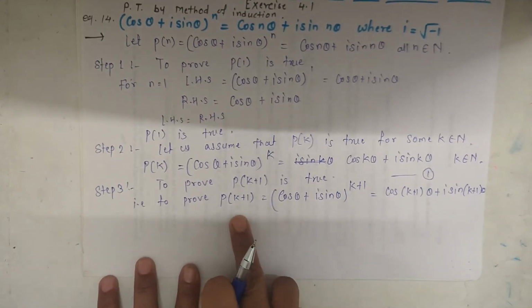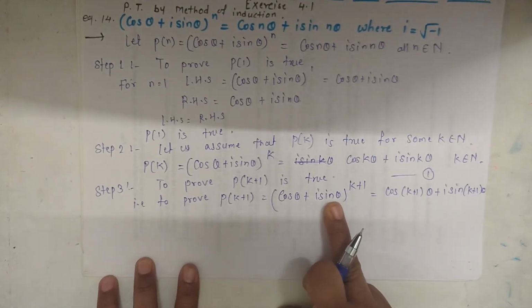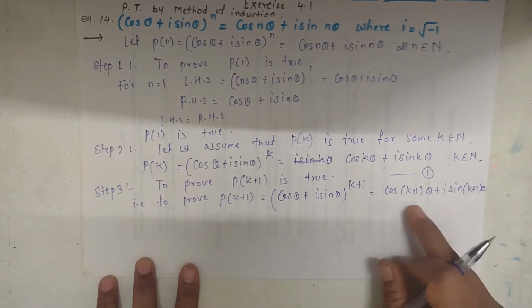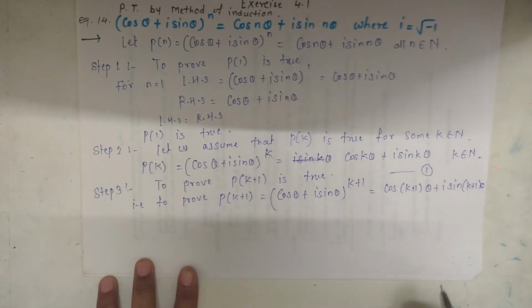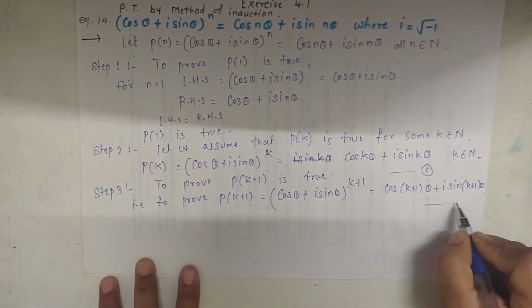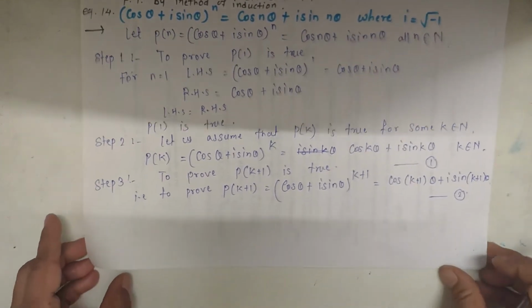Here we have to prove that (cos theta + i sin theta)^(k+1) = cos (k+1) theta + i sin (k+1) theta. This is equation number 2.